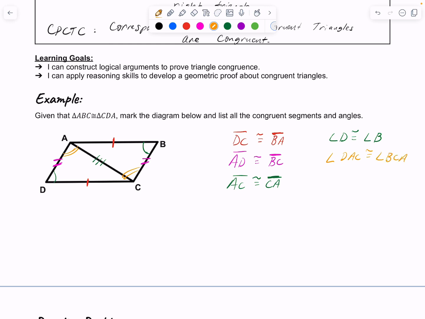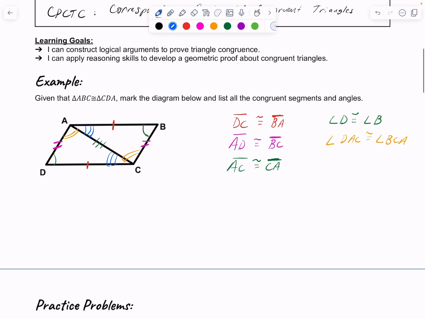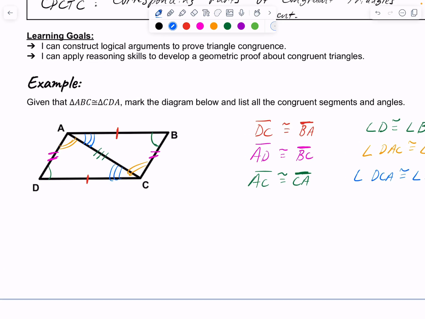And last but not least, I also have the third angle here, angle BAC is congruent to angle DCA. So angle DCA is congruent to angle BAC. All right, so that's everything labeled as well as listed in terms of their congruence.